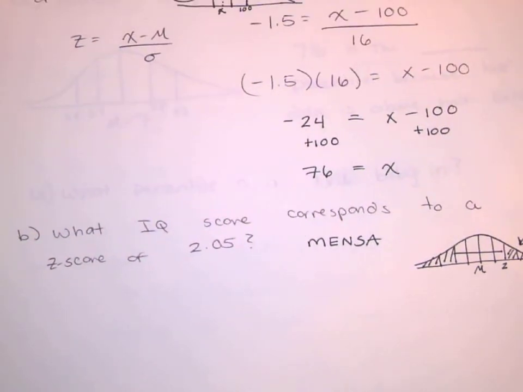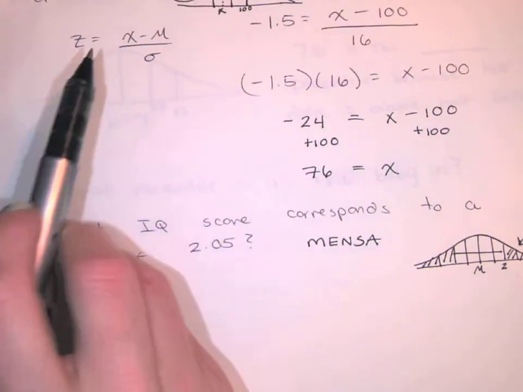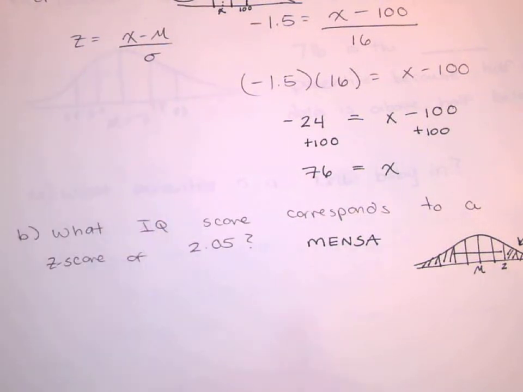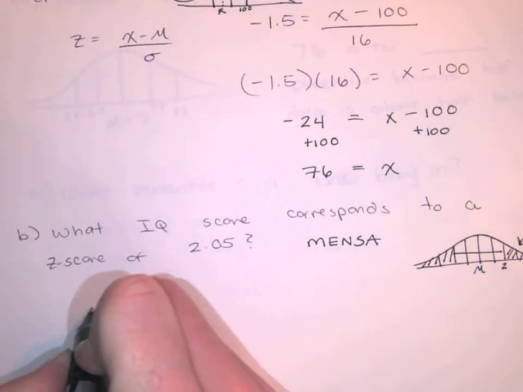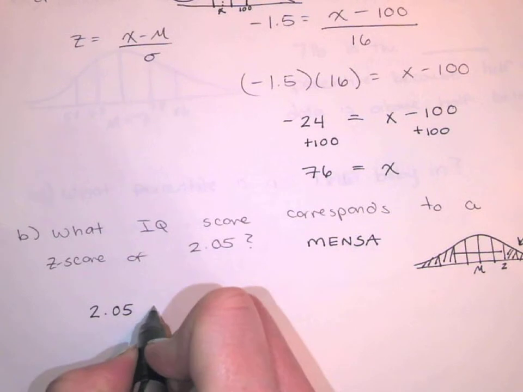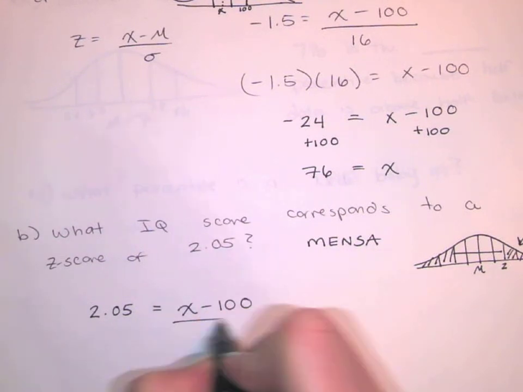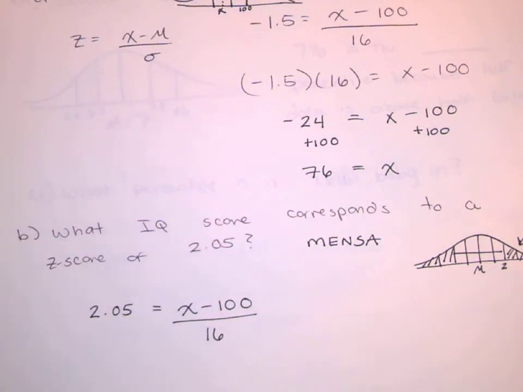We can set this up like we did in the previous example, still using this formula. Z is x minus mu divided by sigma. 2.05 is x minus 100 divided by 16, because we're still working with the same mean and standard deviation. So 2.05 times 16 is 32.8.